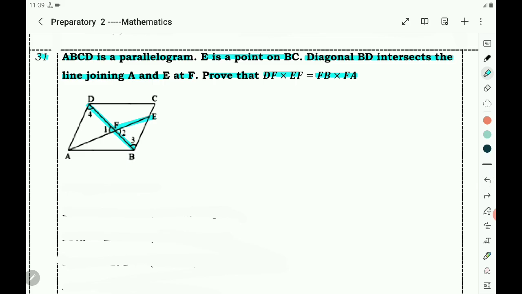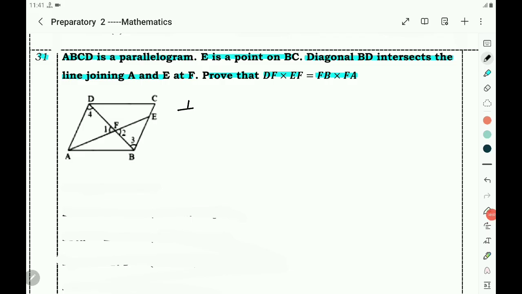Before that, let us prove the triangle AFD is similar to triangle EFB. Let us write the names of the two triangles.